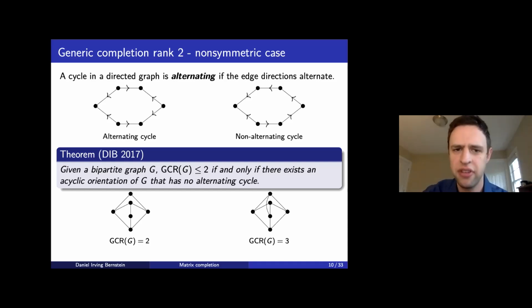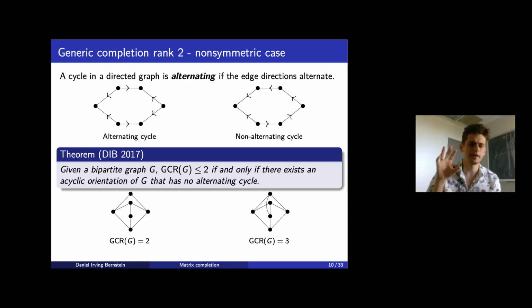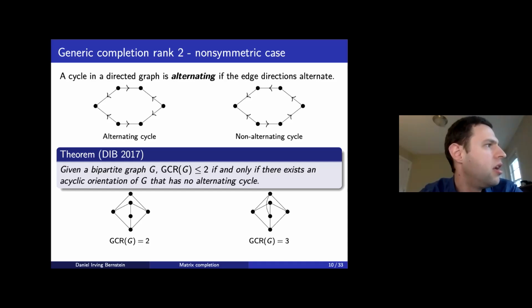So you're asking, if I give you a matrix that's to be completed, maybe it's generic enough, can you give me an algorithm? Is there a nice way to find the actual completion that's lowest possible rank once you know the generic completion rank? There are algorithms for solving this sort of thing.